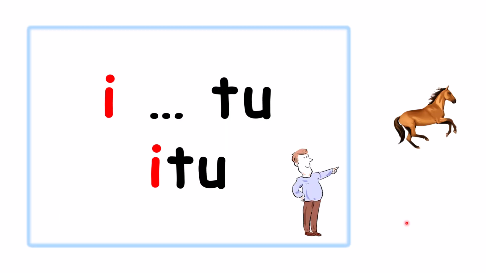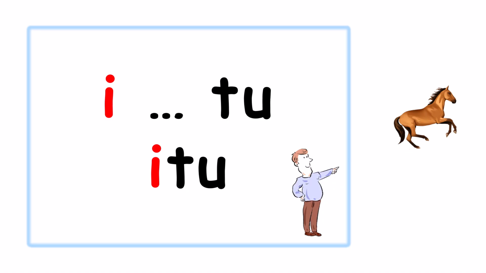Here we have i, and this is tu. Put them together, we have i, tu. Itu means that. That is a horse.